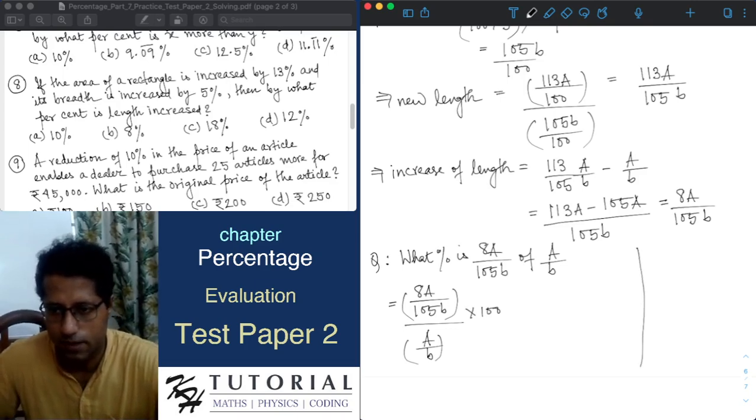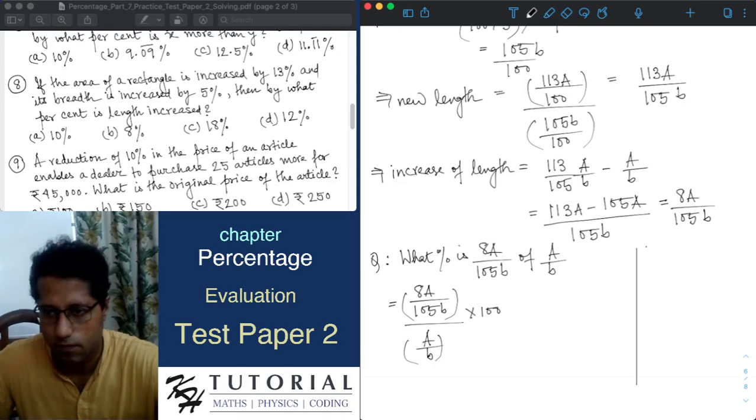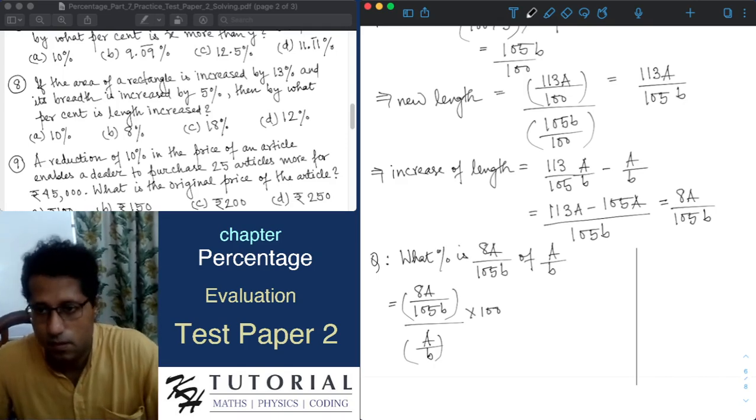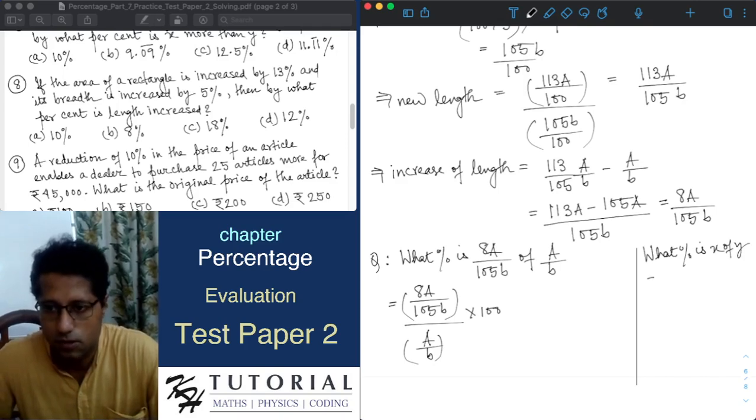The concept applied is what percent is x of y. This is equal to x by y multiplied by 100.